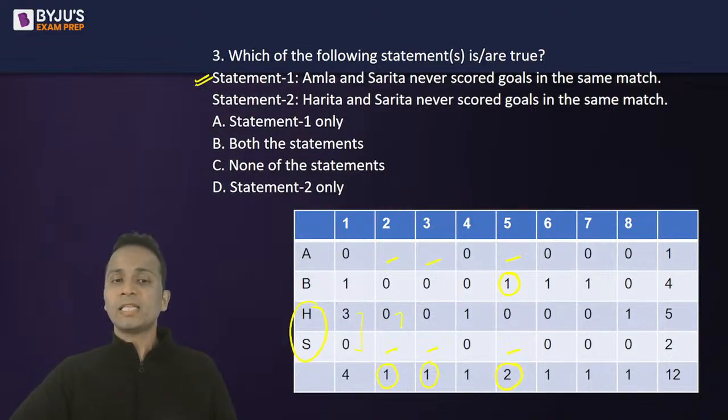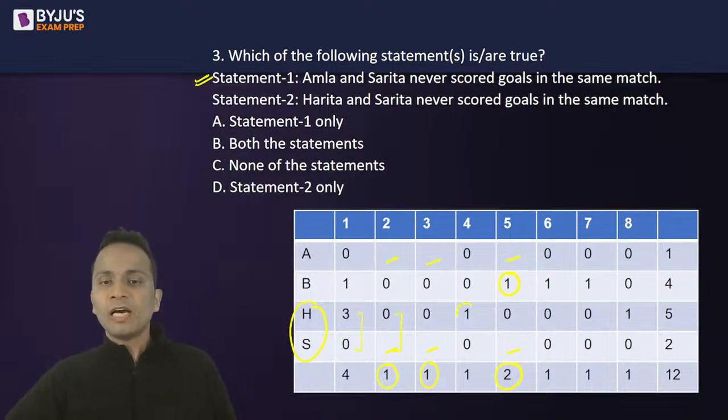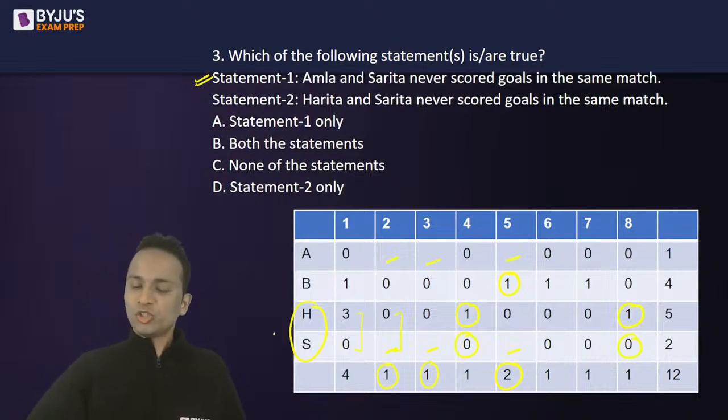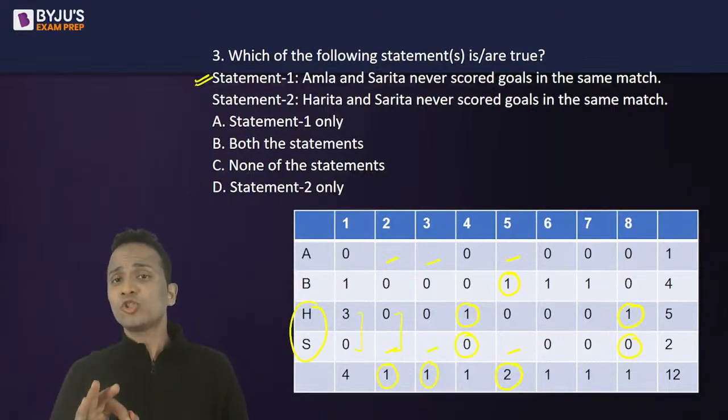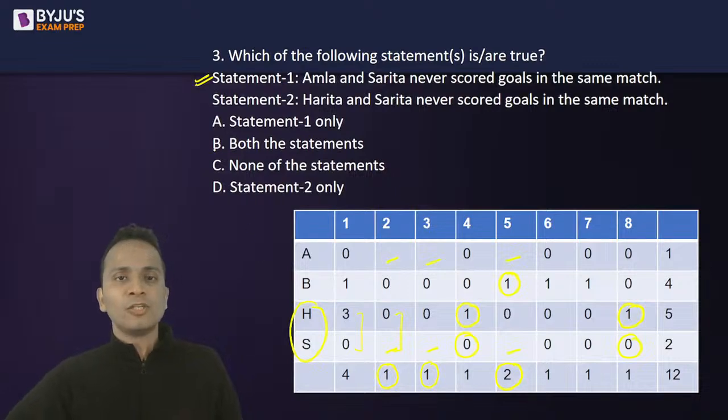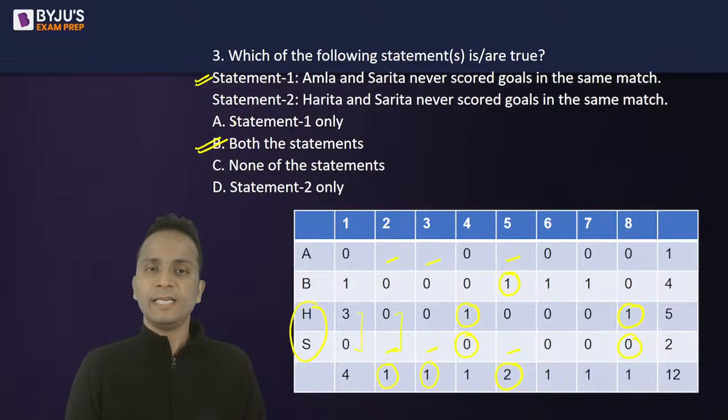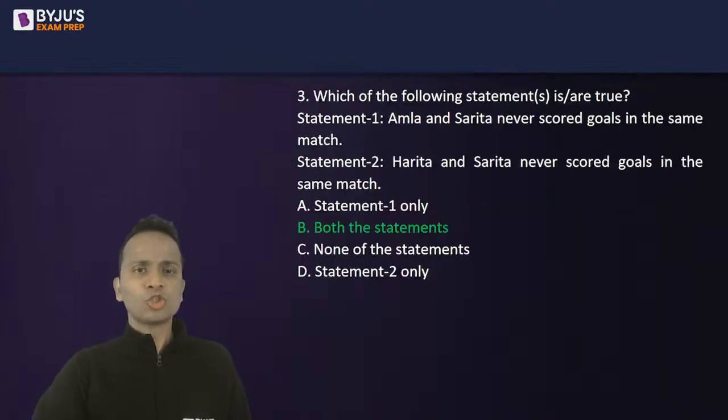So again, Harita and Sarita will not score in the same match. Whenever Harita has scored, you can see that Sarita has not scored. So yes, we can say that Harita and Sarita will never score in the same match. All right. So we can say that both the statements are true in this case. So that was question number 3.